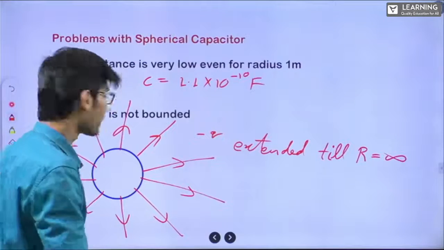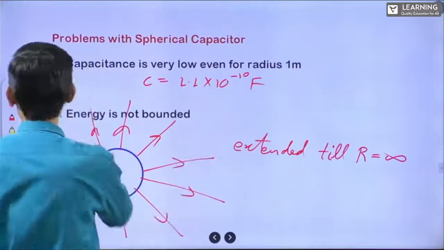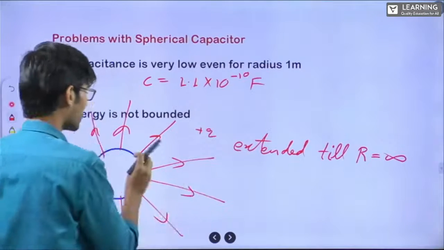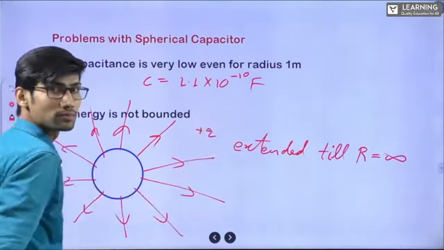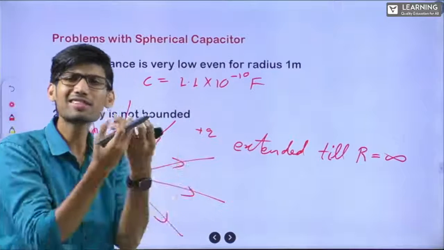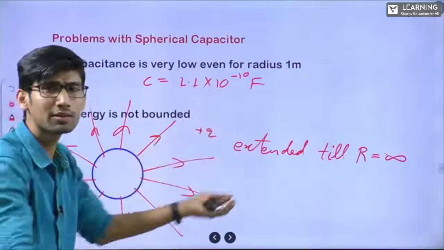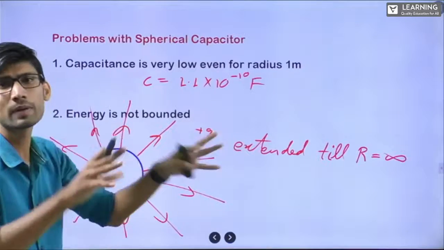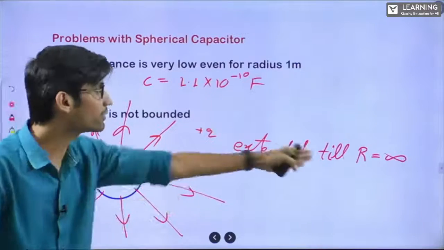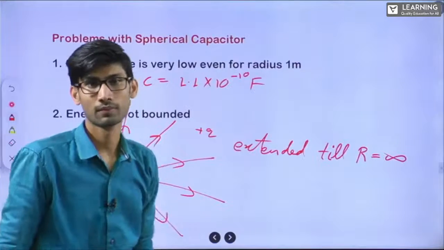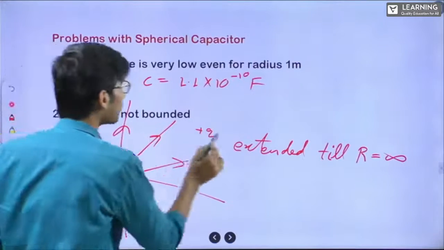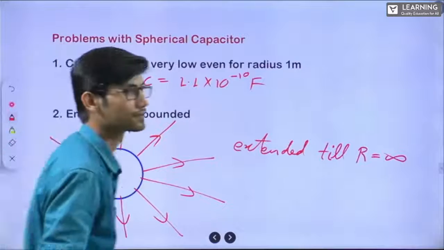Capacitance decreased. Again, if suppose there is a plus Q charge, this will spend its energy to repel it. So energy is spent just like that. It is not bounded. A lot of plus Q charge will be there in repelling, in attracting, it will spend a lot of energy, because the electric field lines are extended till infinity. So energy is not bounded. I hope you understood this.